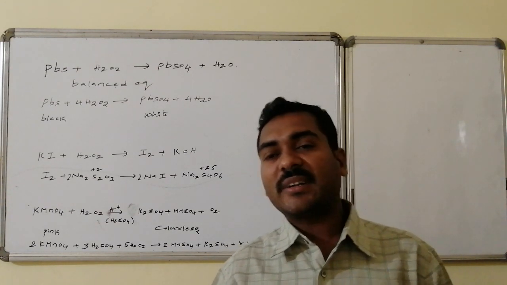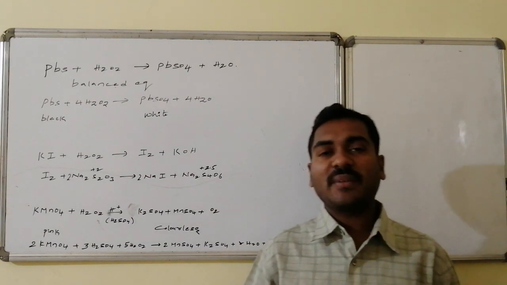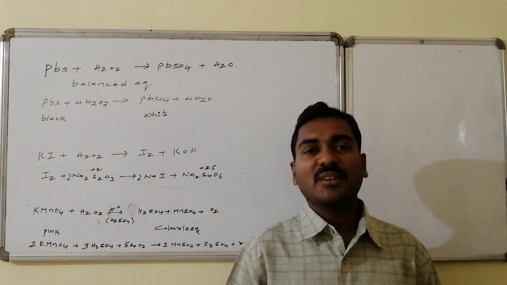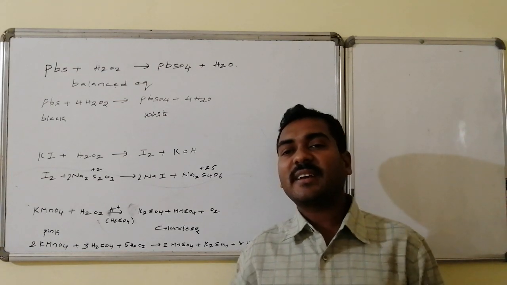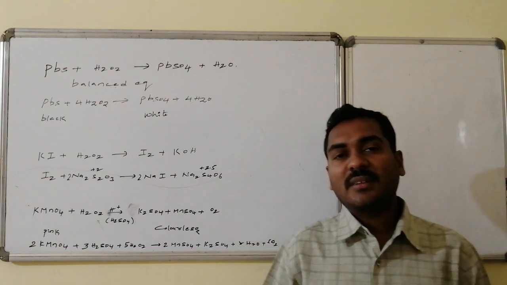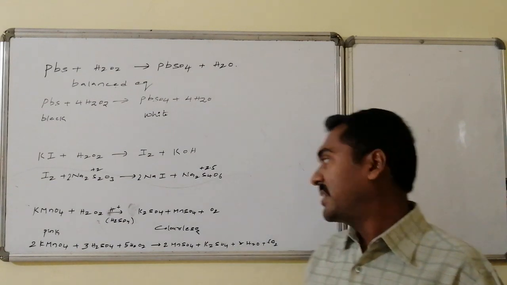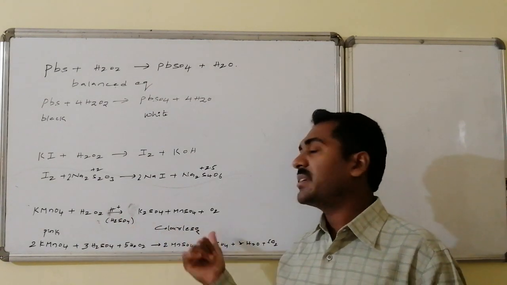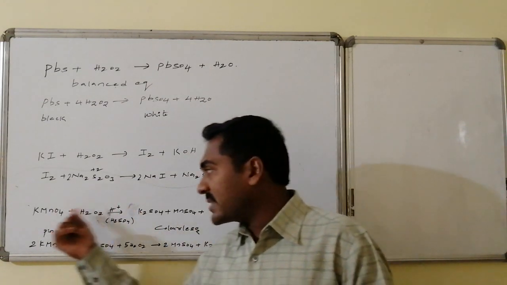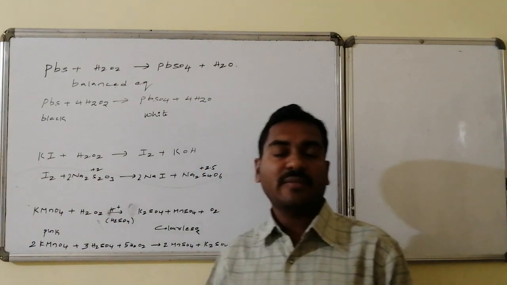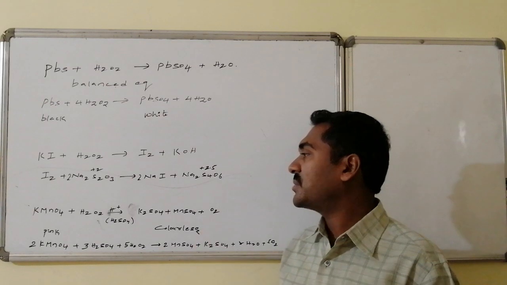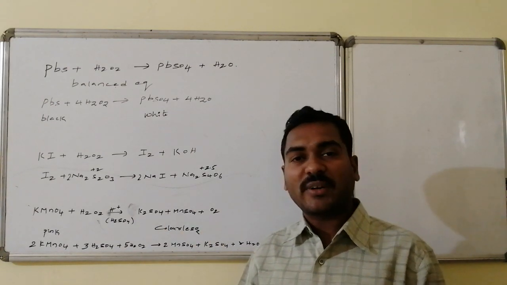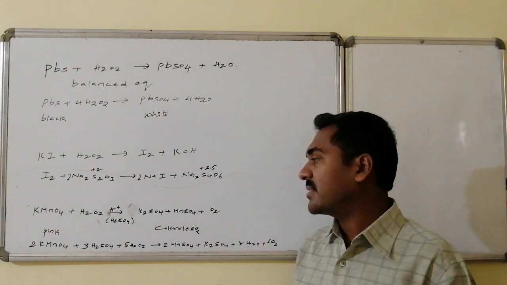Similarly, in permanganometry, potassium permanganate has the highest possible oxidation state and is a good oxidizing agent. Potassium permanganate on reaction with hydrogen peroxide, the peroxide undergoes oxidation and is converted to oxygen, whereas the permanganate ion, where manganese is +7, is reduced to manganese of +2. That leads to the formation of potassium sulfate, manganese sulfate and oxygen.